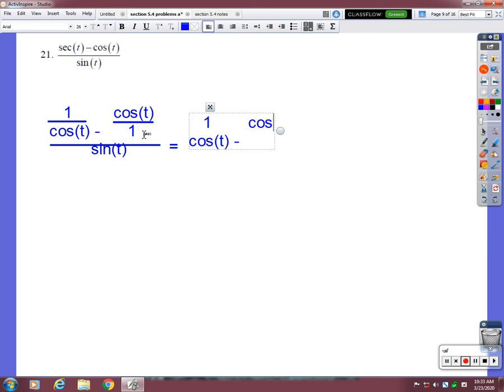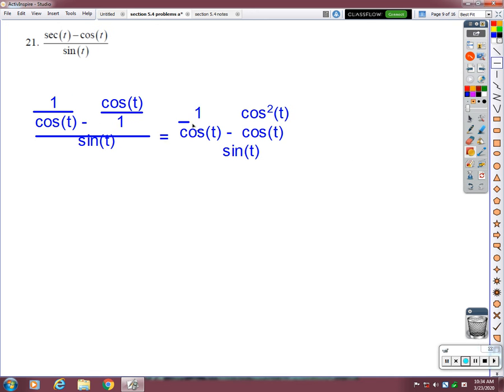So that's going to change this cosine on top into cosine squared. The reason we did that is so that we could get a cosine on the bottom. And remember that this is still all being divided by the sine of t. So 1 over cosine, cosine squared over cosine, and then all of this over sine.